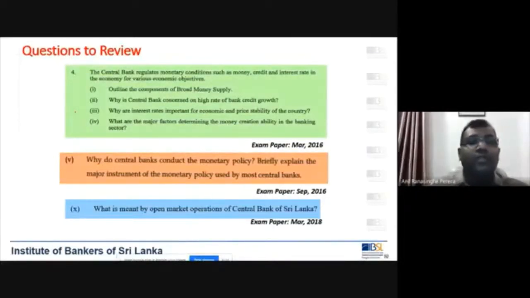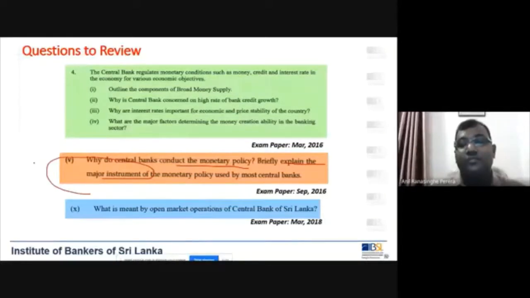Now look at this question. Why do central banks conduct monetary policy? Briefly explain the major instruments. Remember, I discussed why monetary policy is important, and also what the key instruments are, like policy rates, open market operations, statutory reserve ratios, etc. And here, what is meant by open market operations?